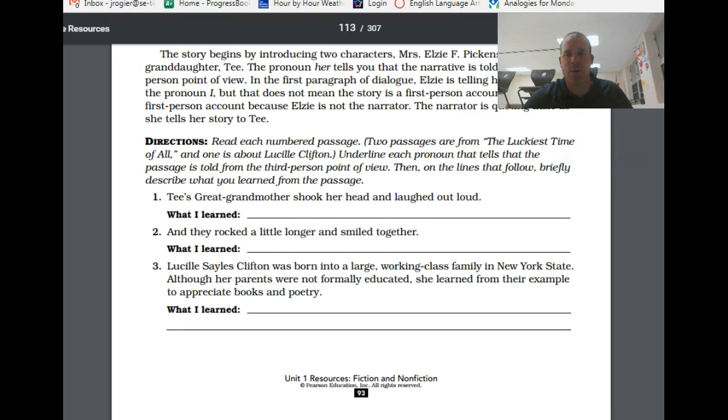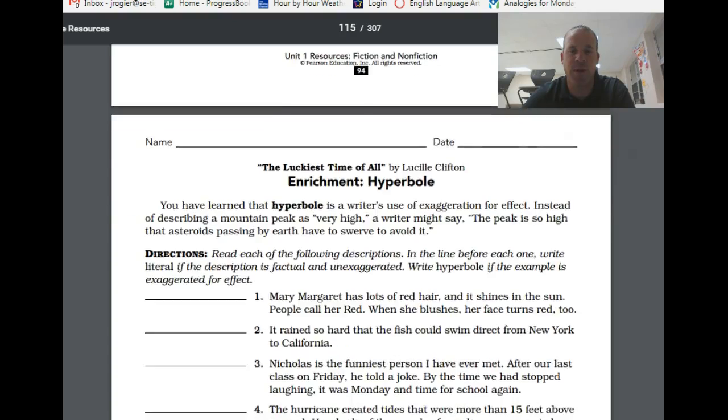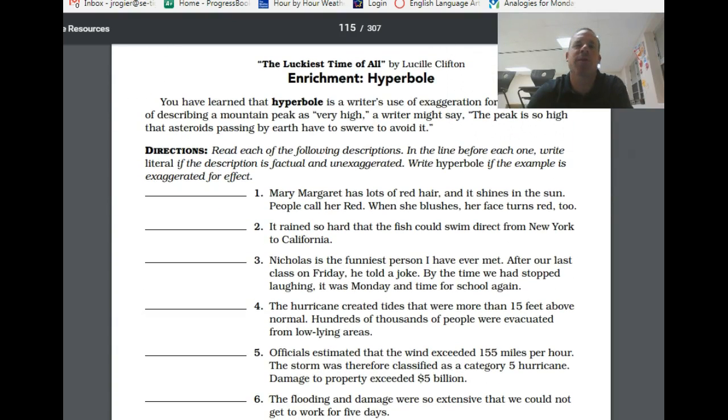Next page, hyperboles. Hyperboles are a figure of speech. That's when you give a big exaggeration. We haven't talked about these in class too much, but it's like when you say, I'm so hungry I could eat a horse. In these directions it says read each of the following descriptions. In the line before each one, write literal if the description is factual and unexaggerated, write hyperbole if the example is exaggerated for effect.